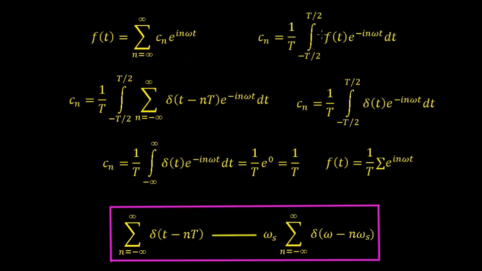So we take our f of t and replace it with our impulse train, which is the sum from n equals minus infinity to infinity of delta(t minus nT).